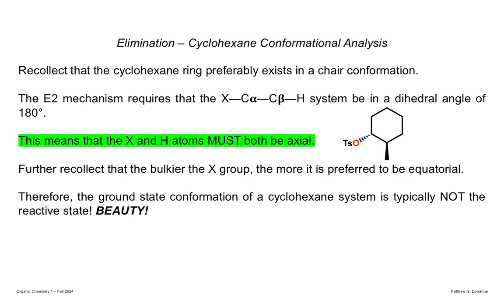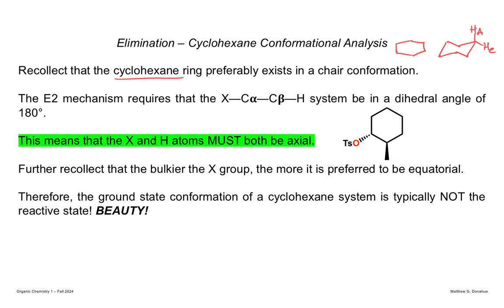We spent some time talking about the cyclohexane ring, where in flatland you have these 6 equivalent CH2 groups, but when we draw it as a chair, we now have this difference between axial and equatorial hydrogens.